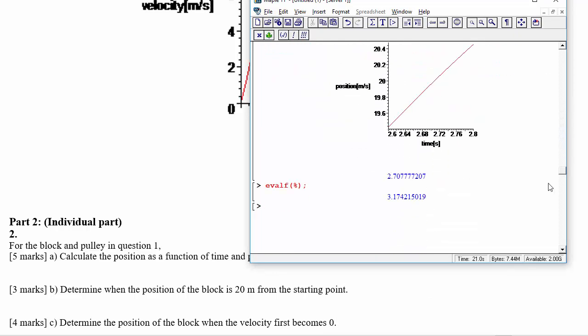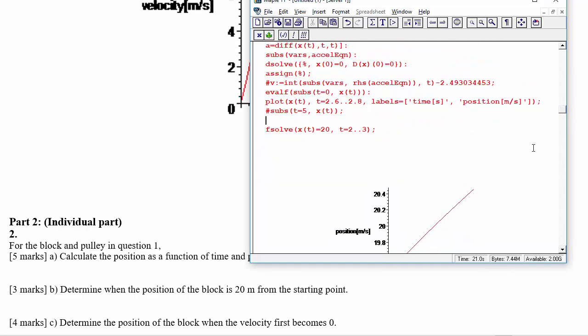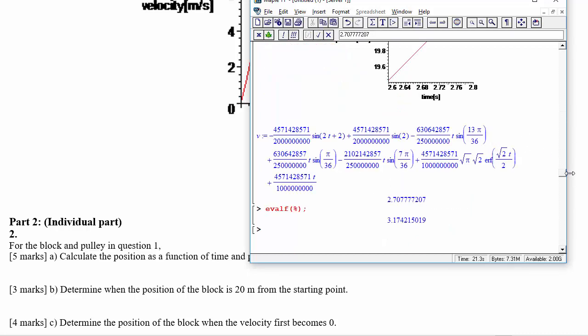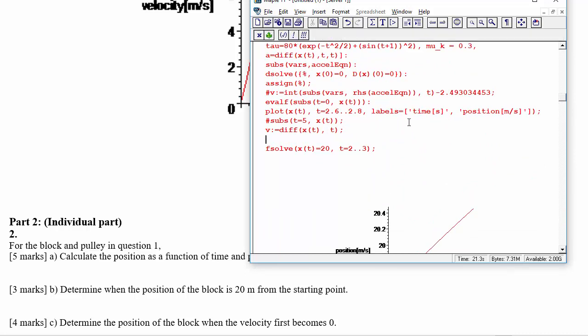So now we need to have the velocity as well as the position in Maple. So let's also define v is the derivative of x at t with respect to t. And we can go back to having a look at what that looked like.